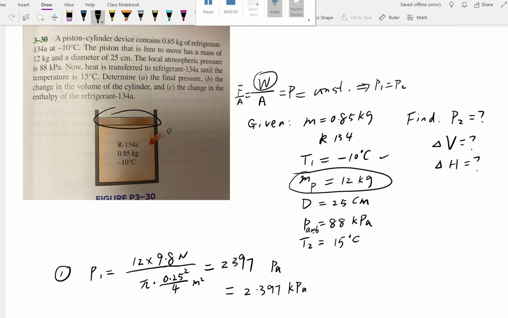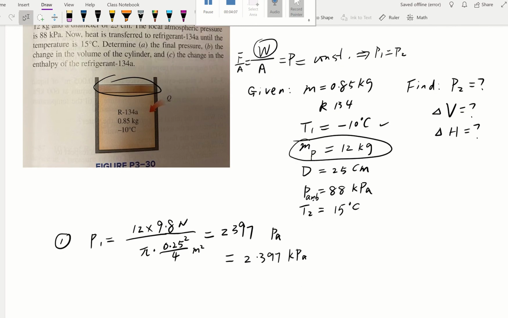But here I'm going to correct what I just said. This is not actually the pressure inside, because we were given the ambient pressure. The pressure inside, P1, is really going to be this value plus the ambient pressure, 88 kilopascal, because you have ambient pressure pushing down and you also have the weight pushing down. Added together, that's going to be about 90.4 kilopascal.